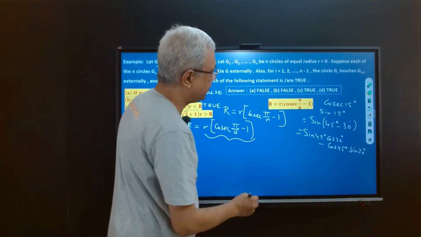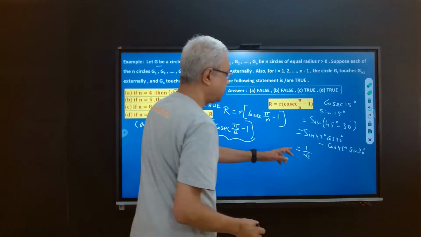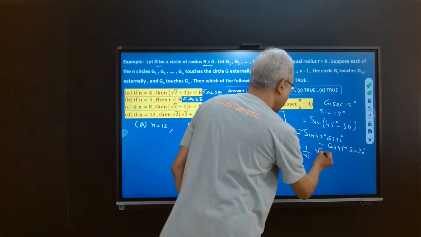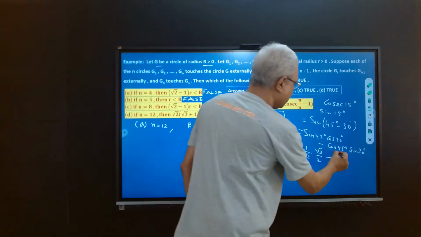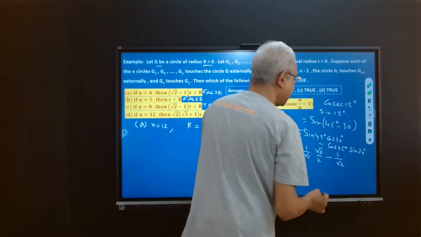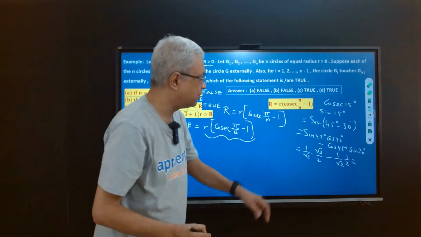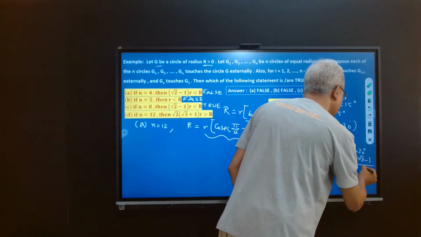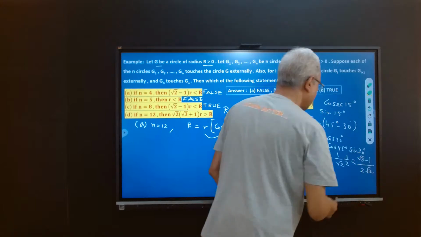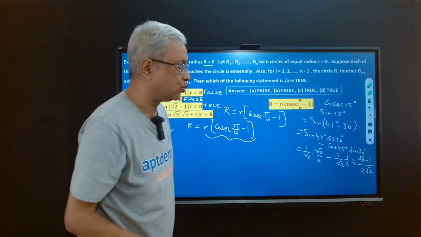Sine 45 is 1 by root 2, cos 30 is root 3 by 2, cos 45 degree is 1 by root 2, and sine 30 is half. So it becomes root 3 minus 1 by 2 root 2. So sine 15 degree becomes root 3 minus 1 by 2 root 2.